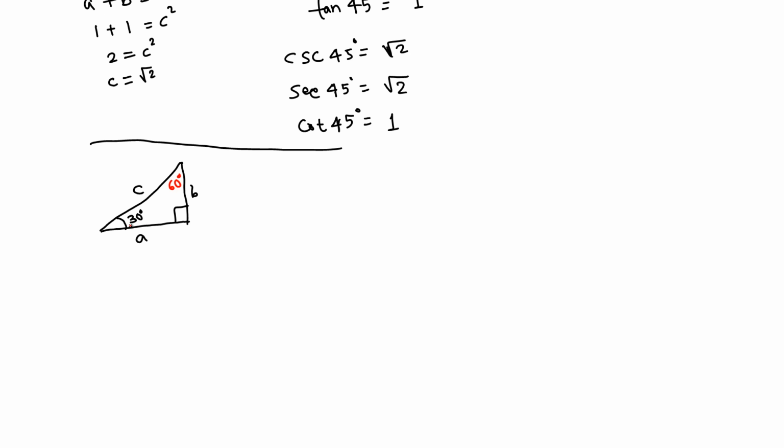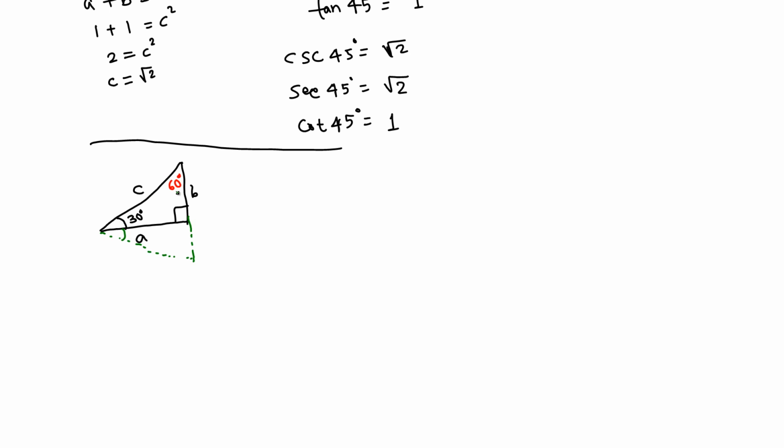But how about this: this is 30, this is 60. If I add 30 degrees here and go straight, adding 30 more, this is 60.